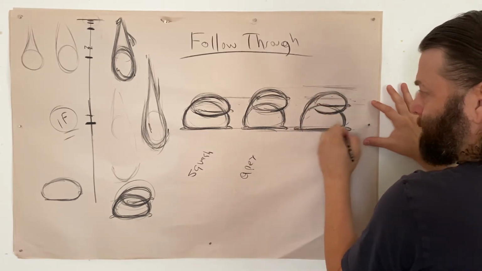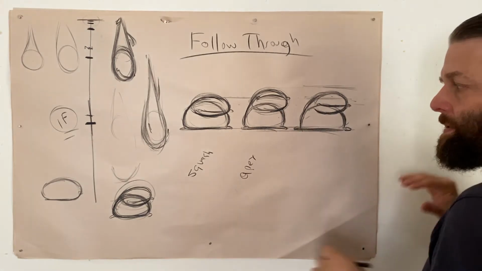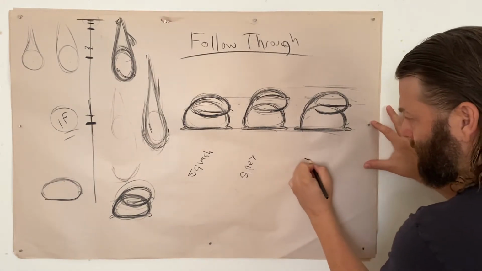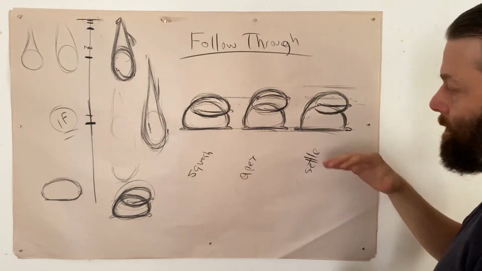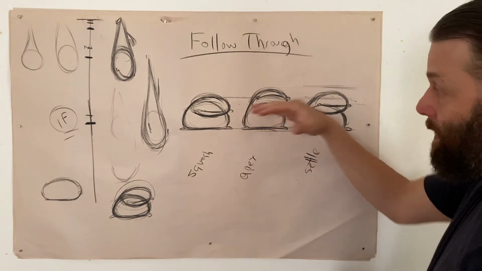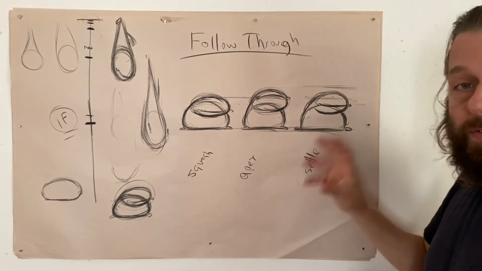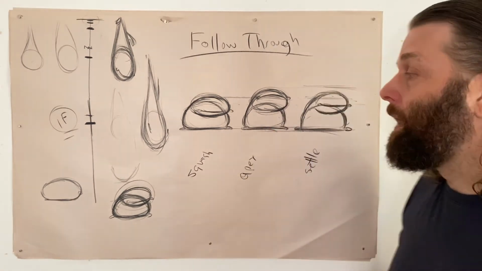And it settles like that. So do these 3 drawings first. And then you're going to want to play with the timing by adding drawings on what you need for this to have the proper spacing.